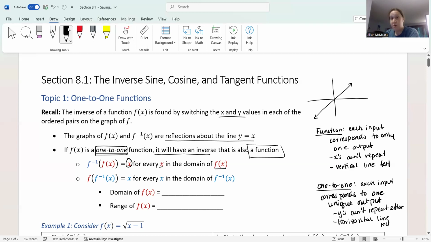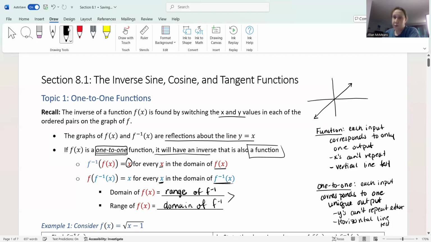Now, if I do the reverse and stuff the inverse into the function, I get f of f inverse of x, which should equal x for every x in the domain of the inverse. What does that ultimately mean? It's a lot of symbols and formal talk, but the domain of f of x equals the range of f inverse, and the range of f equals the domain of f inverse.